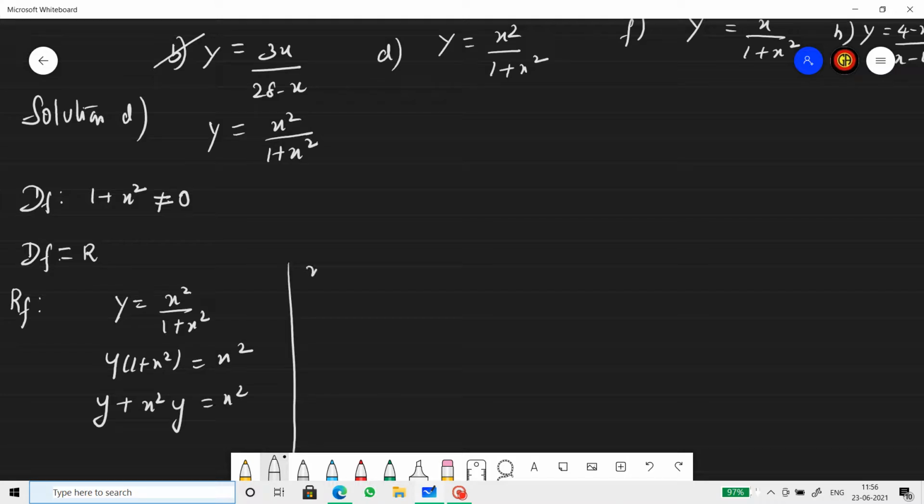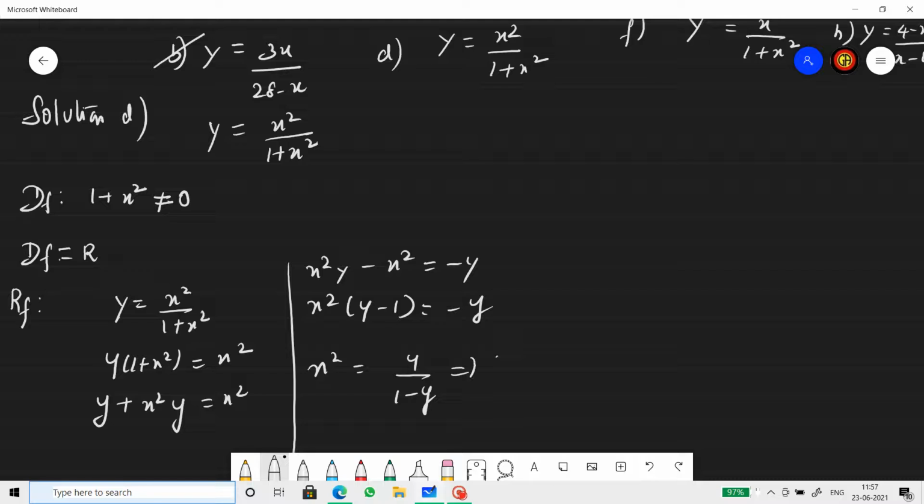So we get x square y minus x square equals minus y, or x square times y minus 1 equals minus y, which we can write as x square equal to y by 1 minus y, isn't it? Implies x is equal to root over y by 1 minus y.